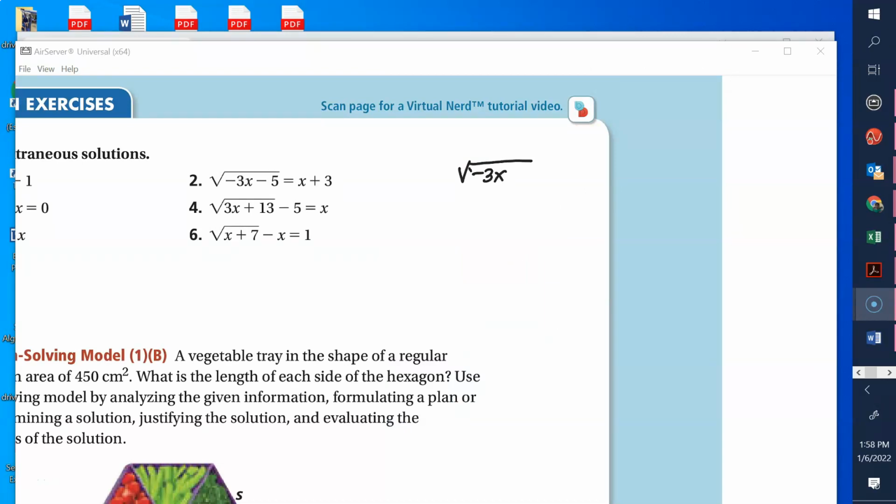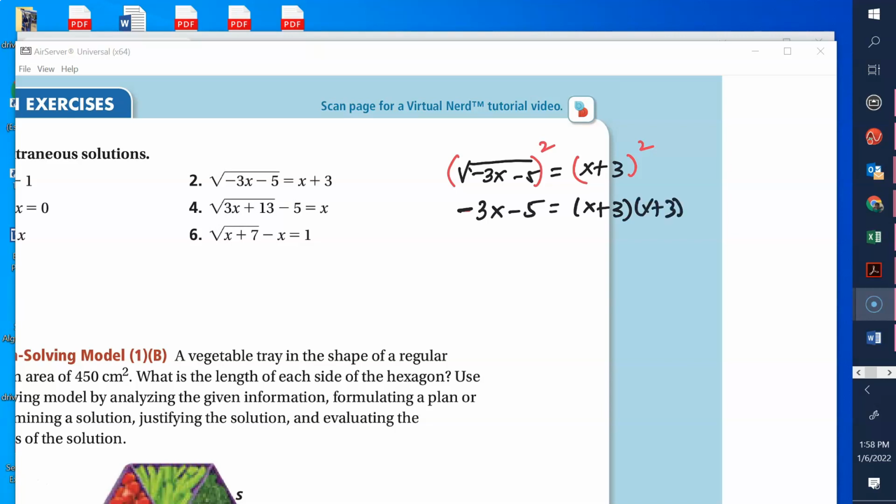The square root of negative 3x minus 5 equals x plus 3. Did all of you find the second power for both sides? Yes? So you have negative 3x minus 5 equals x plus 3 times x plus 3.